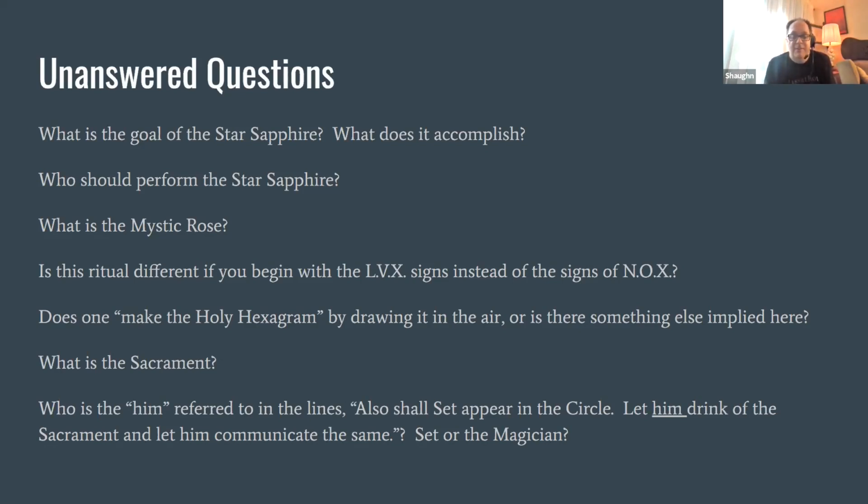Finally, there's kind of an ambiguous use of the word him here in the end. Who is the him referred to in the lines, also shall Set appear in the circle, let him drink of the sacrament and let him communicate the same? Who is the him? Is it Set or is it the magician? I don't know. It's hard to say.